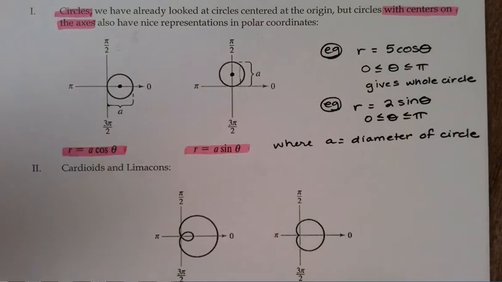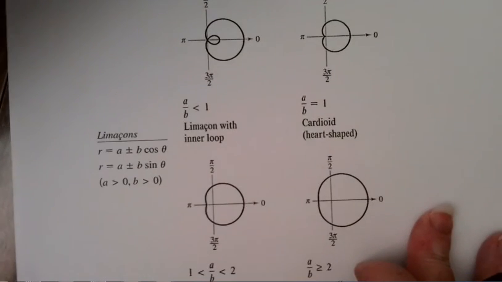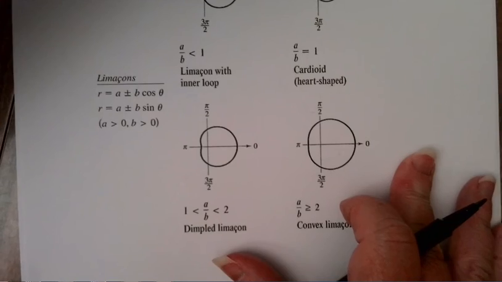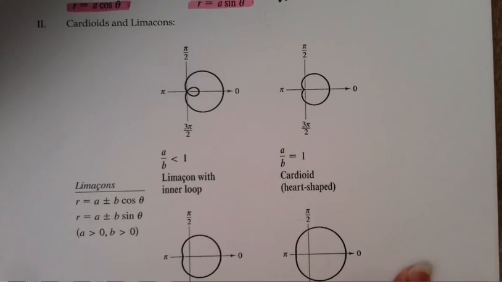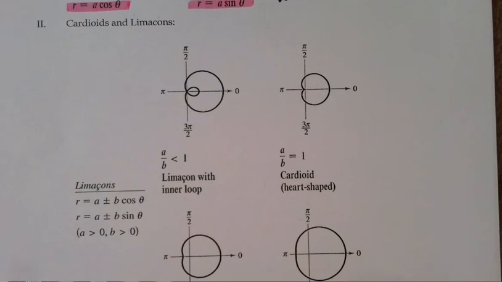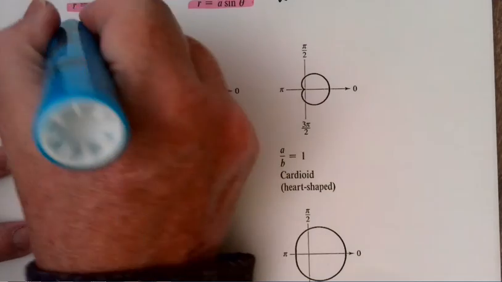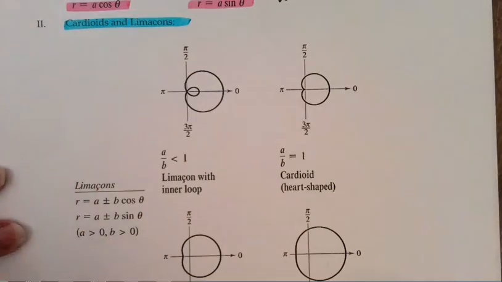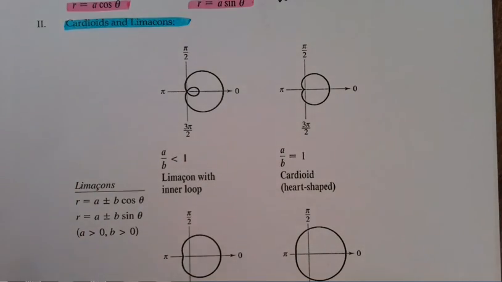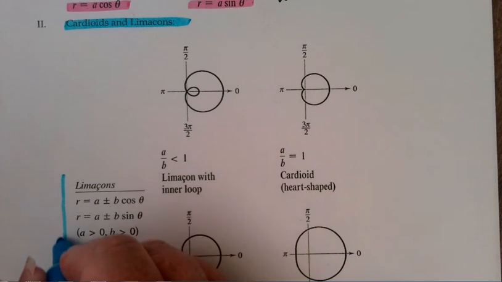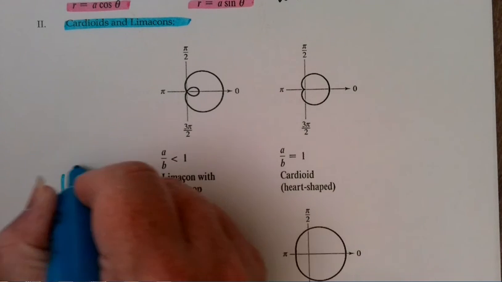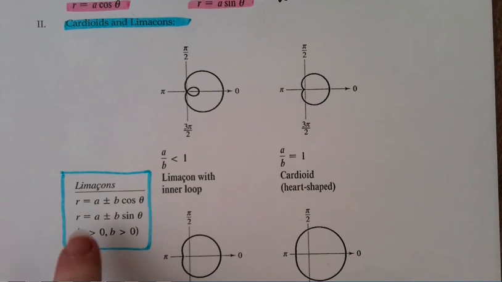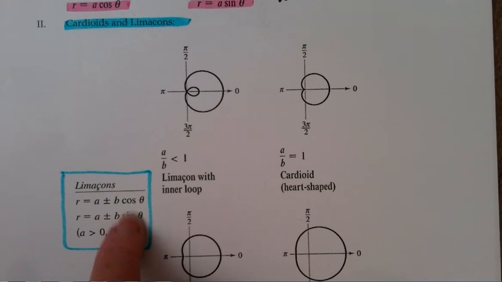All right, let's look at the next batch of equations. These are called the limaçons and the cardioids. All of their equations have these forms. They're all a constant a plus or minus a multiplier b times either cosine theta or sine theta.